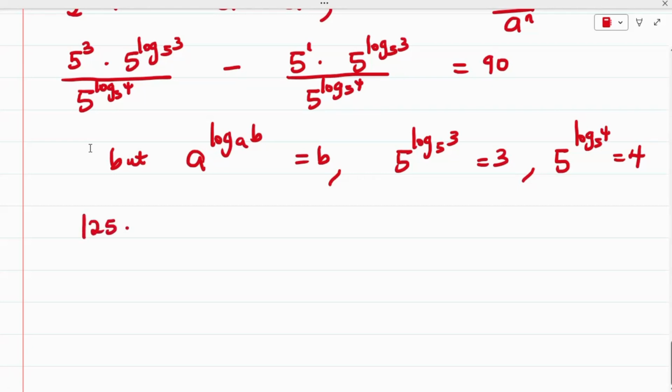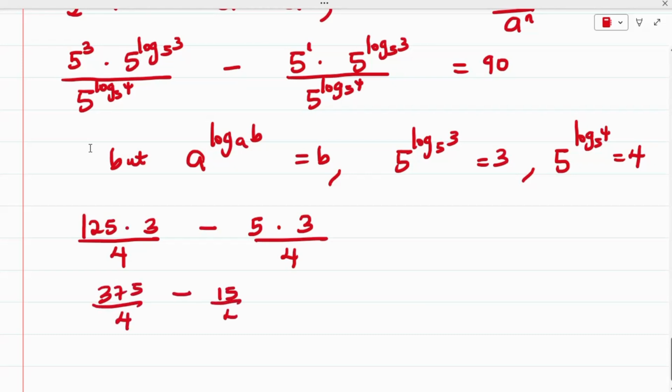Now we have 5 raised to the power of log 3 base 5 is equal to 3, divided by 4, minus 5 raised to the power of 1, which is 5, multiplied by 3 divided by what? 4. 125 multiplied by 3 is going to give us 375 divided by 4, minus 5 multiplied by 3 is 15 divided by what? 4.